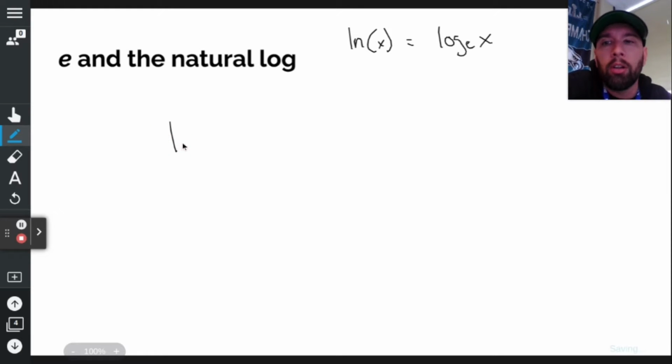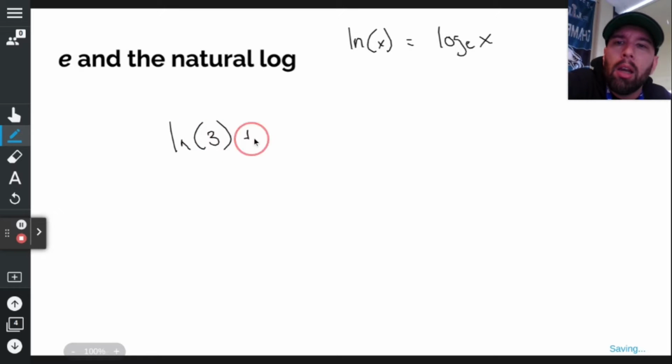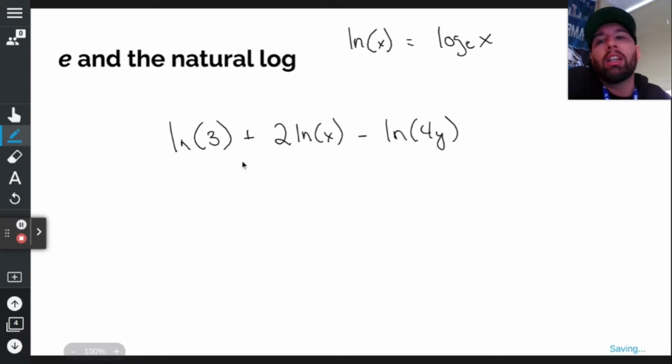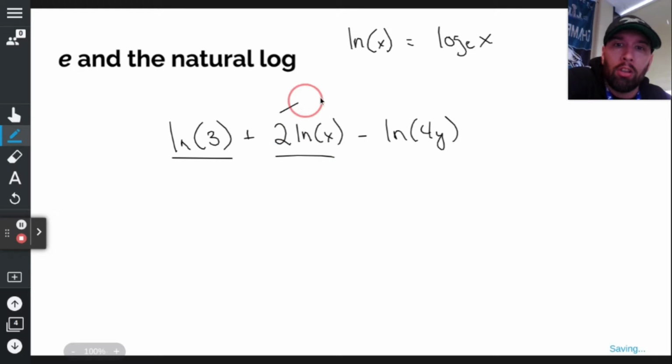So if I were to just give you some random problem like this, ln of 3 plus 2 ln of x minus ln of 4y, and I said simplify that, you would say, oh, well, ln follows the same exact rules as logs. So first, let's move the 2 up.